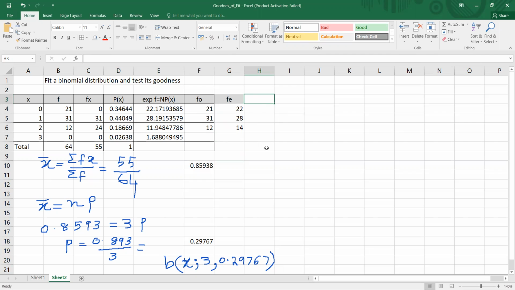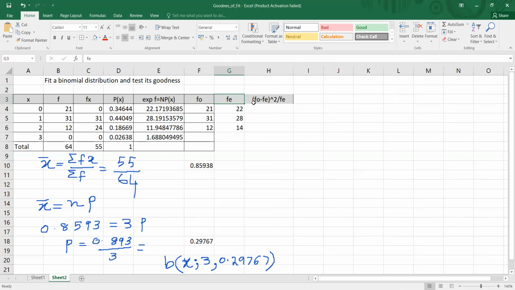In the next column, we have to calculate the chi-square value. Chi-square can be calculated as FO minus FE whole square divided by FE. This is the formula of chi-square.